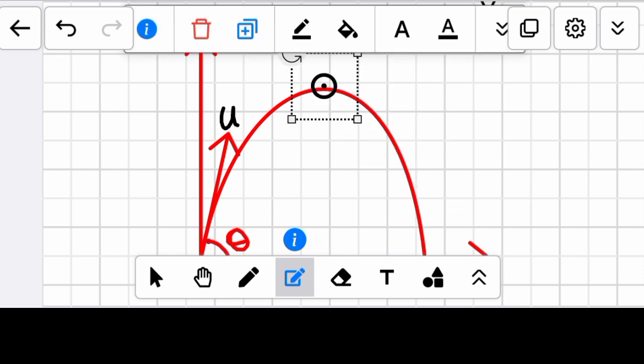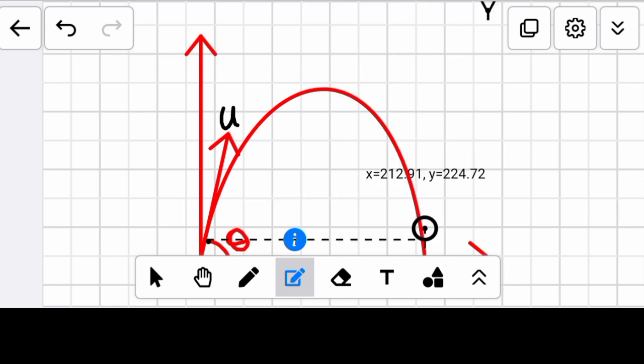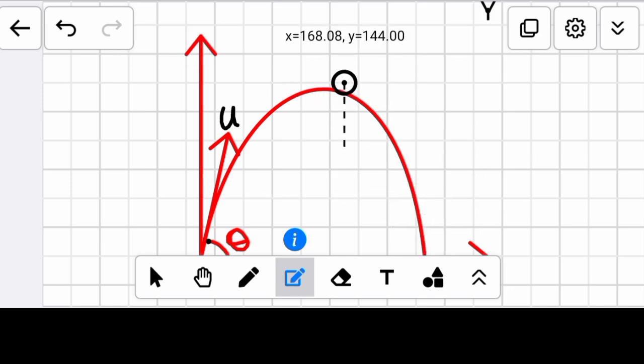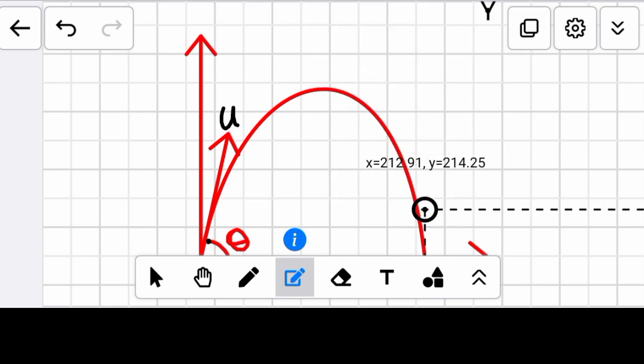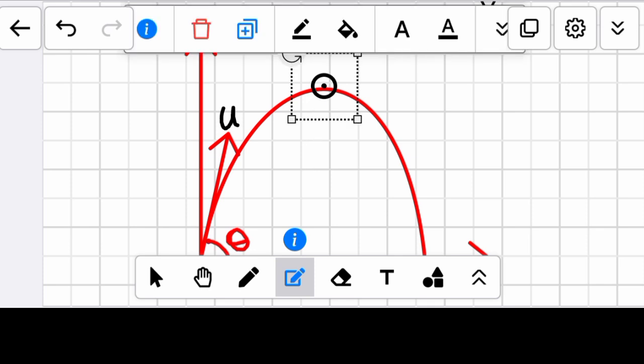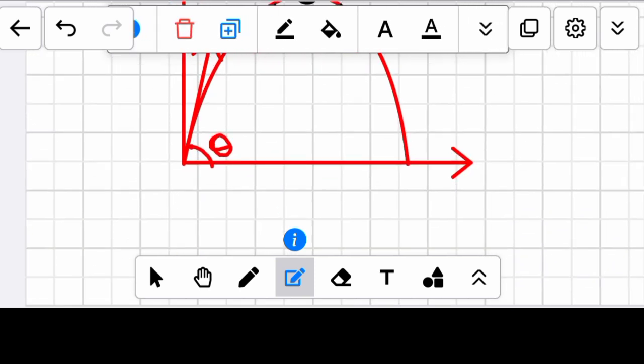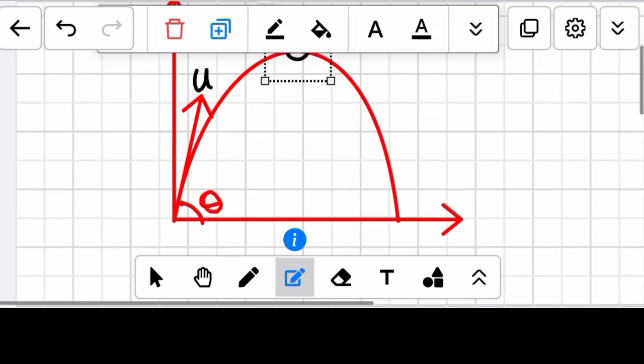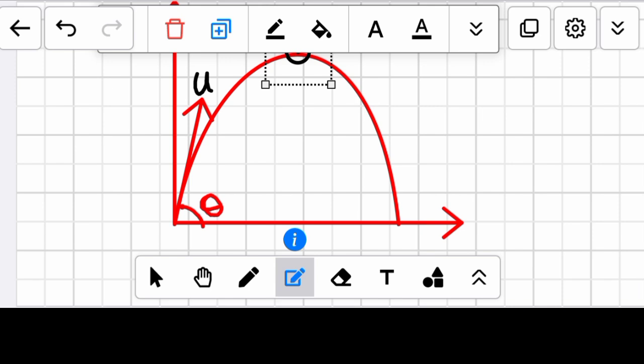So suppose we assume it is projected from the ground level, then it's going to come down again while moving downward and forward. Now, while moving upward, it is working against gravity. So it's going to move upward and then forward.